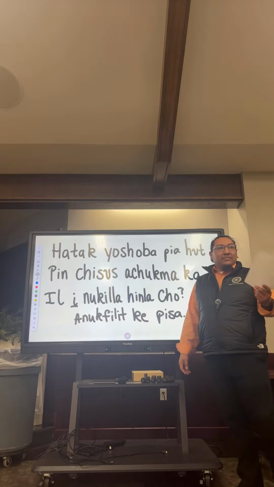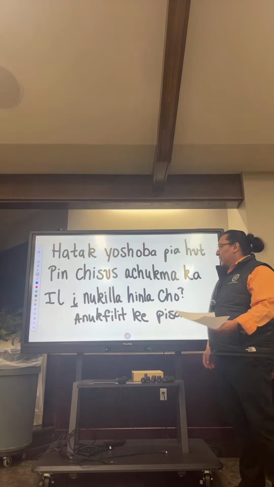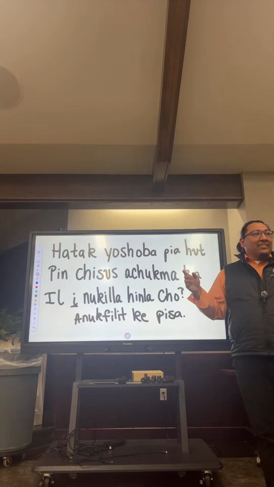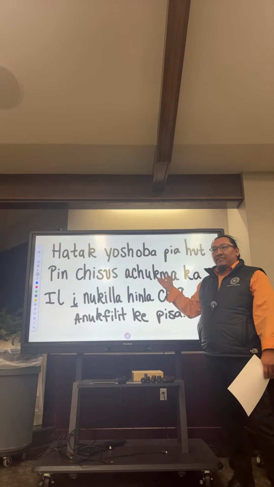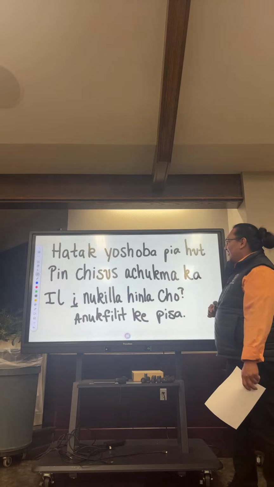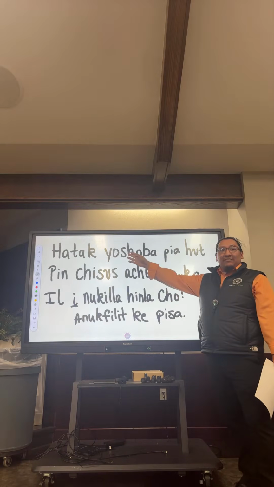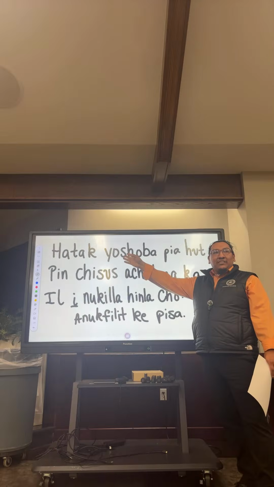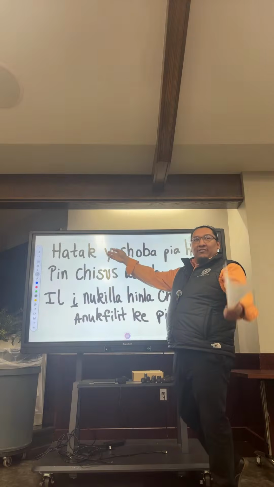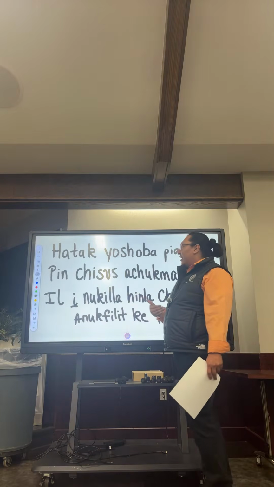So what are the other words? Achukma, and we just learned ka, right? So achukma, what does that mean? Good. Okay, what else? Hatak, which means man or human, mankind.